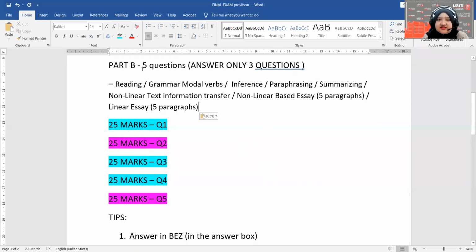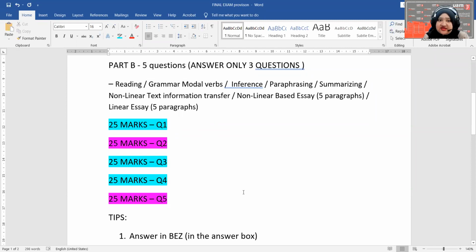Part B is a little bit different in the sense that there are 5 questions. They are subjective questions, where there are 5, but you only need to answer 3 questions. So if you have 5 questions here and you choose to answer only 3, the ones highlighted in blue are the ones that you chose, question 1, 3, and 4. So you skip question number 2 and question number 5.